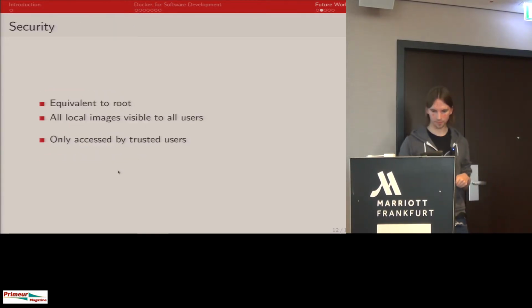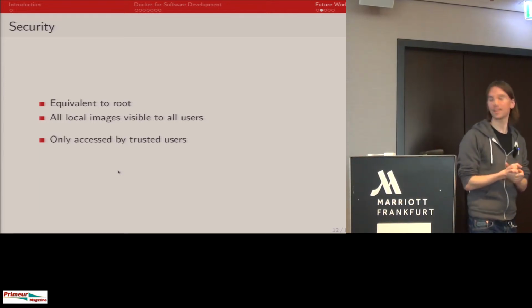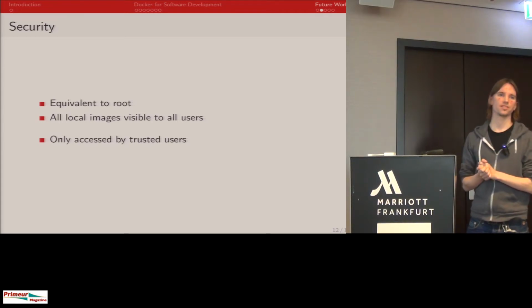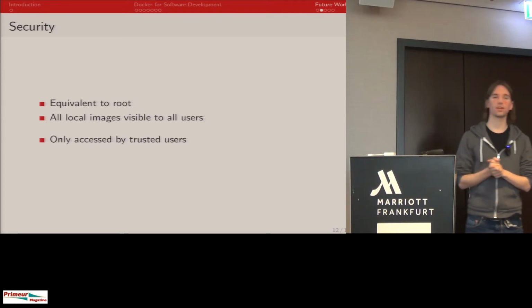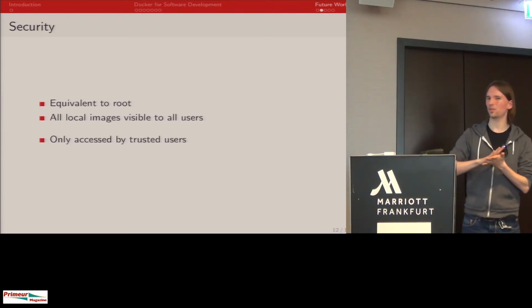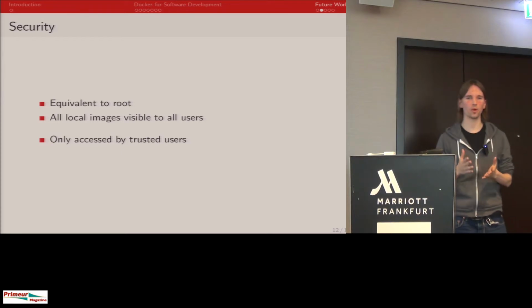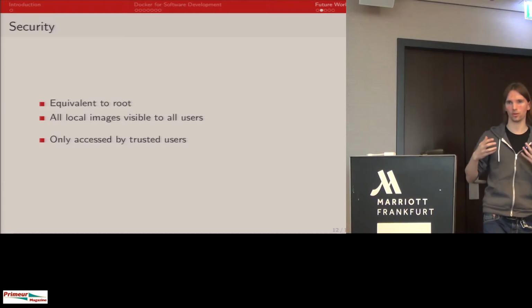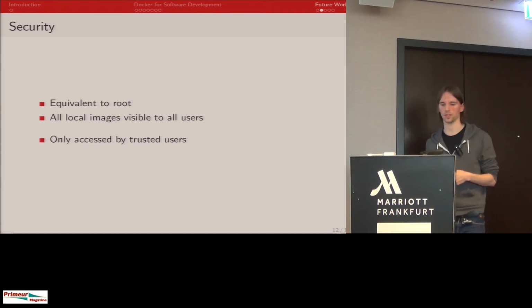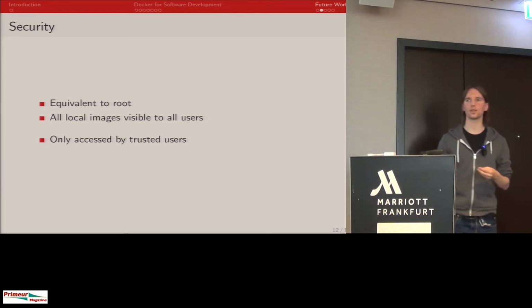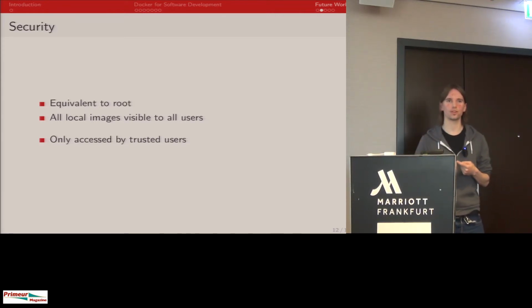So let's talk about security. If you're running a Docker container in your production system, the user who runs this Docker container is equivalent to root. So normally you would only want trusted users to execute or modify your containers. And all the images on a node are visible to all other users who have access to the Docker daemon.